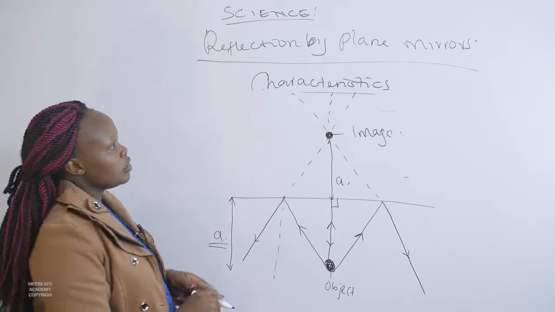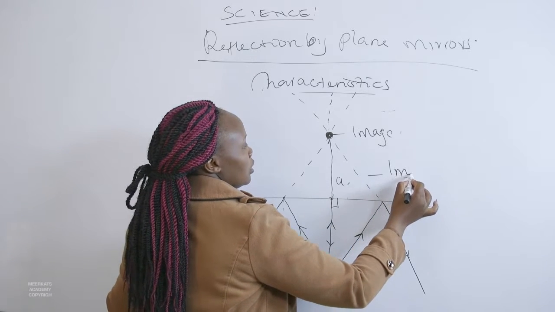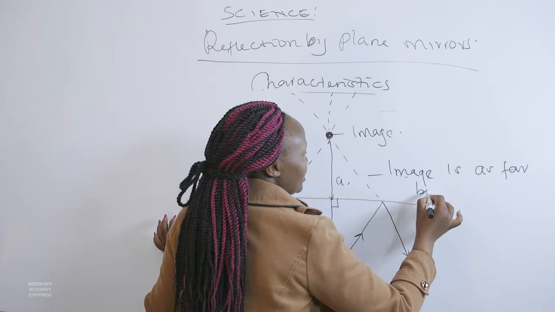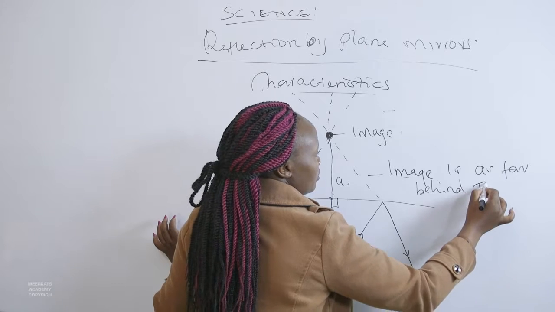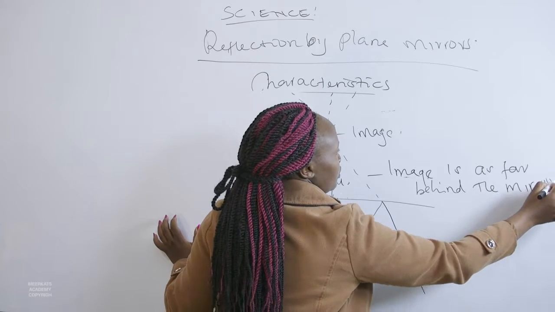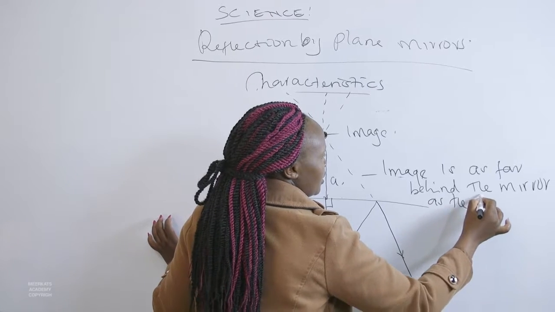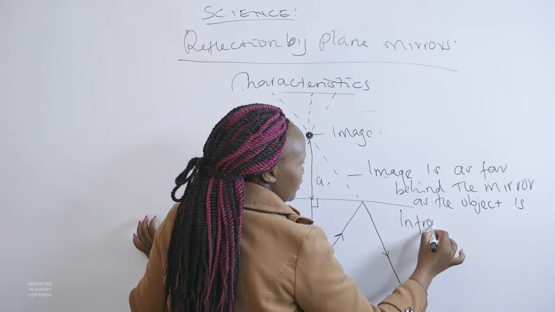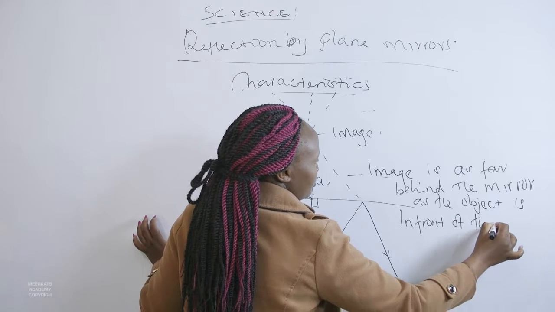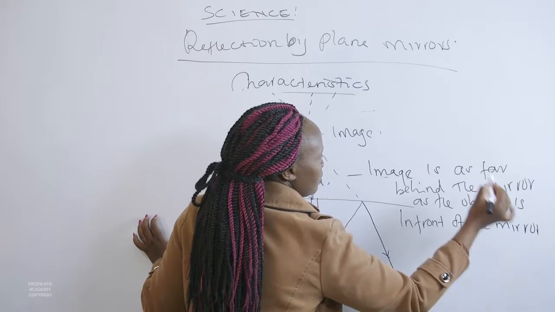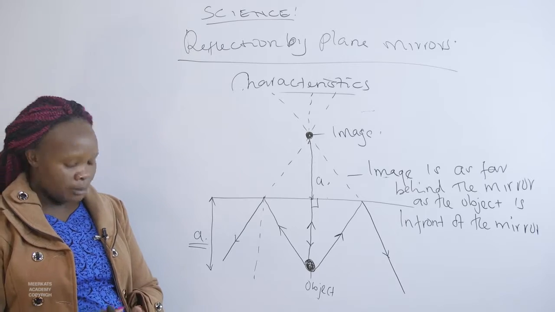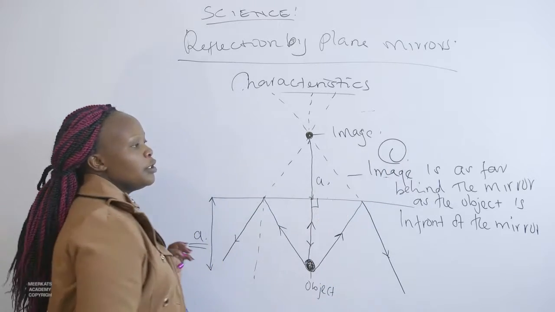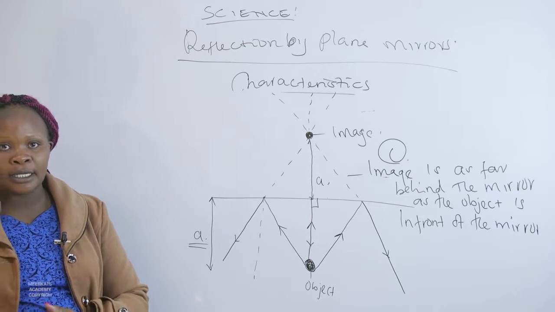That is what we mean when we say that the image is as far behind the mirror as the object is in front of the mirror. That marks our first characteristic of images formed by plane mirrors.